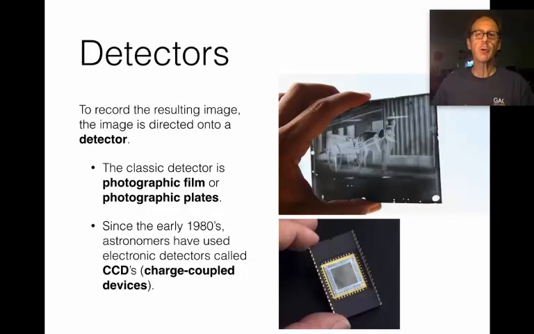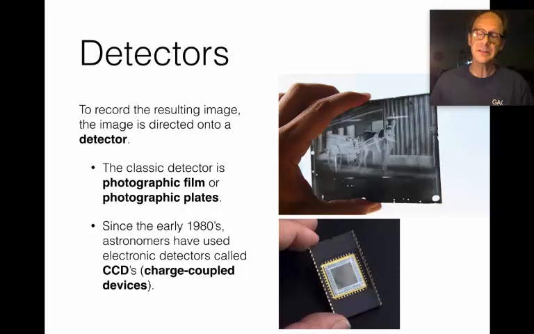Now, to record the resulting image, the image has to be directed onto a detector. The classic, old-fashioned detector was photographic film or photographic plates. Photographic plates, if you've heard that term before, were actually plates of glass that the light-sensitive emulsion was painted on.